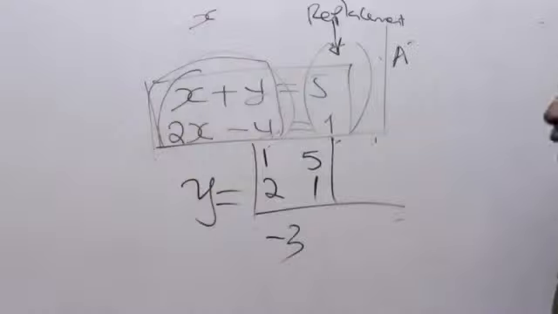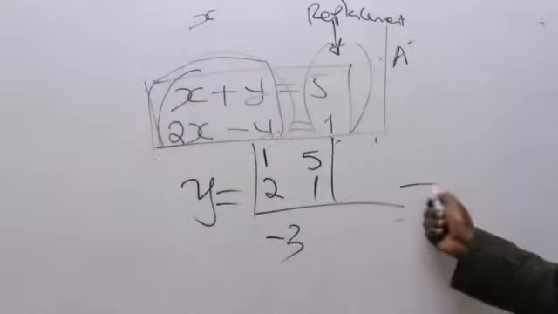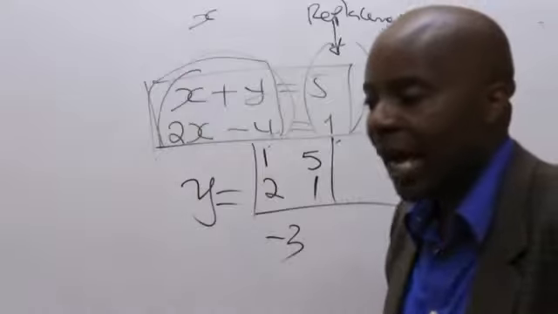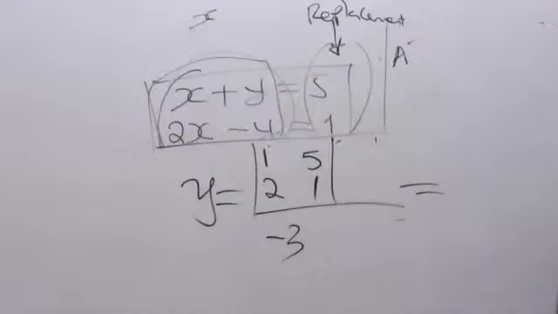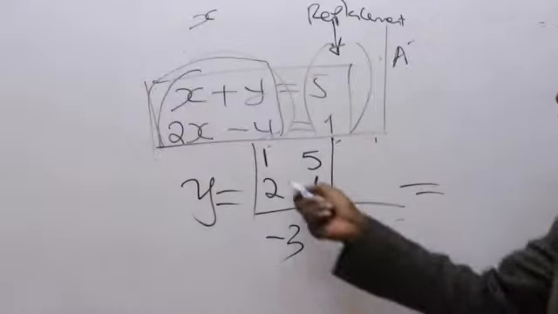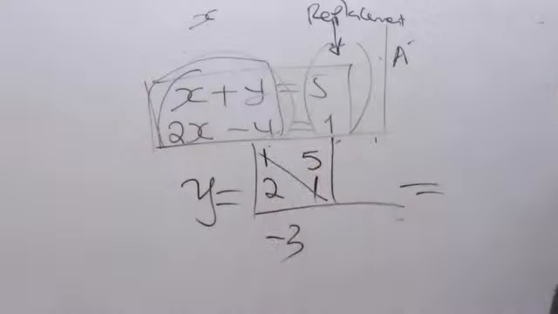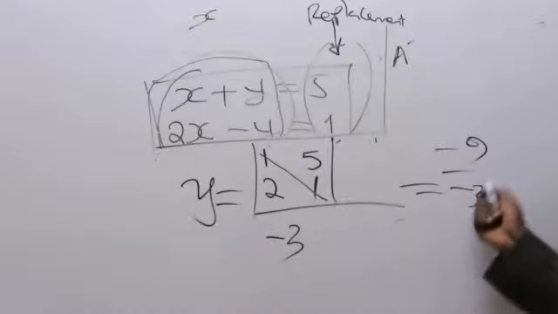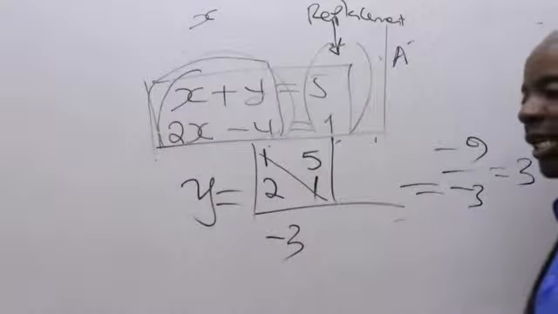So the only thing we need to do tonight is to ascertain the determinant of the numerator. So 1 times 1 gives me 1, minus 10 gives me minus 9. Then minus 9 divided by minus 3 will be equal to 3.